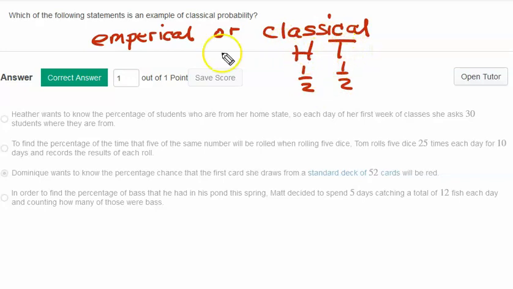And then often you compare the empirical to the classical. And we went over that in our tie-in to probability in biology. So as you read these, the one that's using some mathematical comparison is this statement.